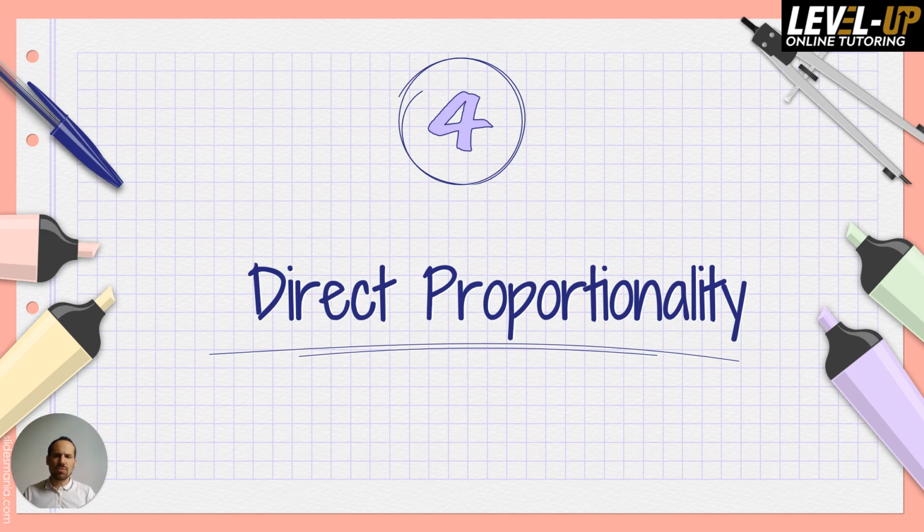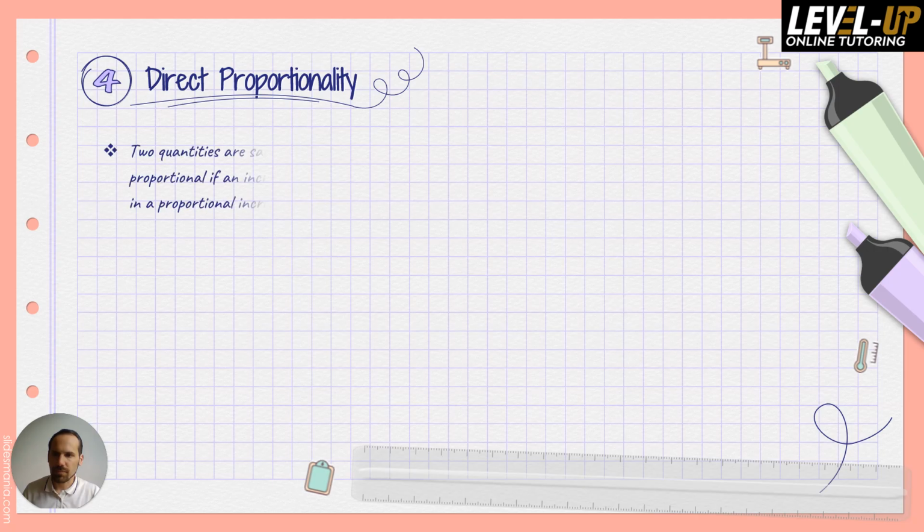So this is related to ratios in terms of that they're related to proportions, but it's a little bit different. So let's look first at direct proportionality. So what that means is that when it's a relationship between two different quantities, and then as one goes up, the other one goes up too.